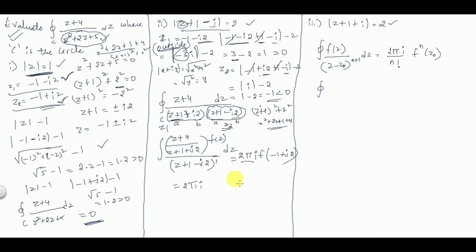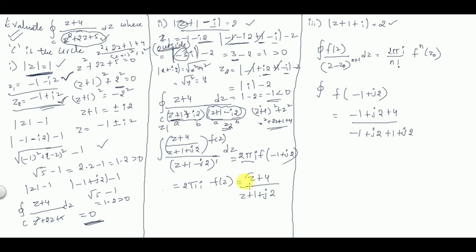so it will be 2 pi I into, so what is f of minus 1 plus j2? So this is f of z. F of z is now z plus 4 divided by z plus 1 plus j2. So we need f of minus 1 plus j2, so it will be minus 1 plus j2 plus 4 divided by minus 1 plus j2 plus 1 plus j2.